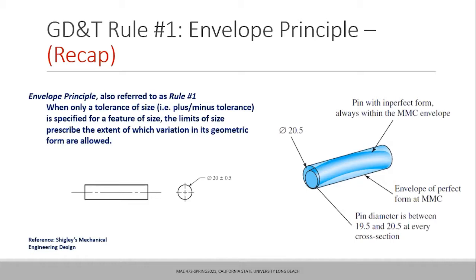For this pin or cylinder with the diameter shown as 20 plus minus 0.5, we know the maximum material condition will occur at 20.5 millimeters diameter. It means that whatever the form of the cylinder is, it can have some curvature or some bend, but as long as it remains within the 20.5 millimeter diameter, it is perfectly acceptable. So that is what rule number one says.